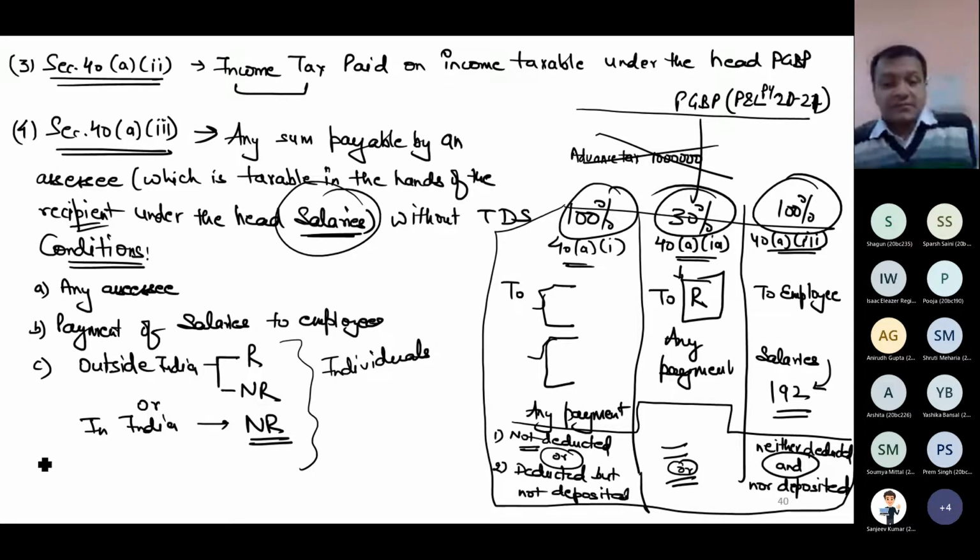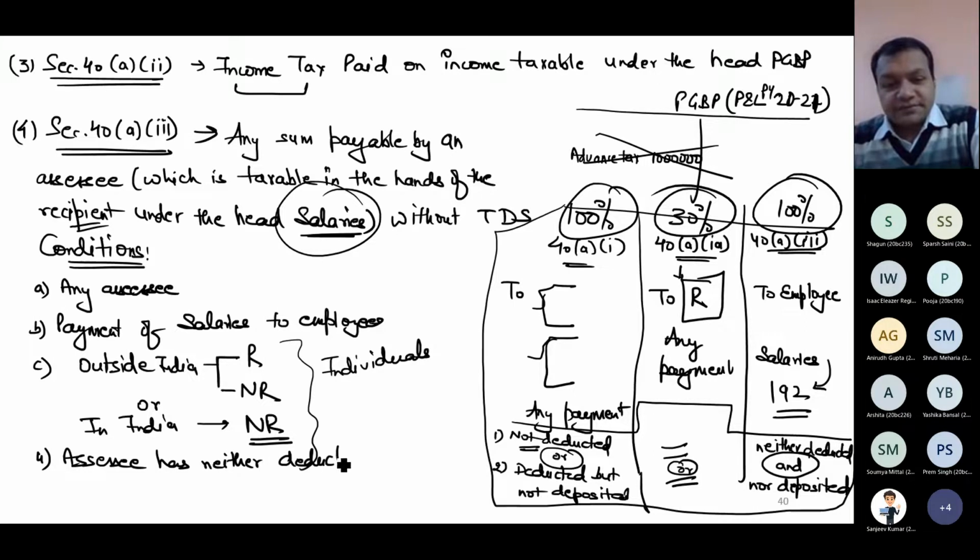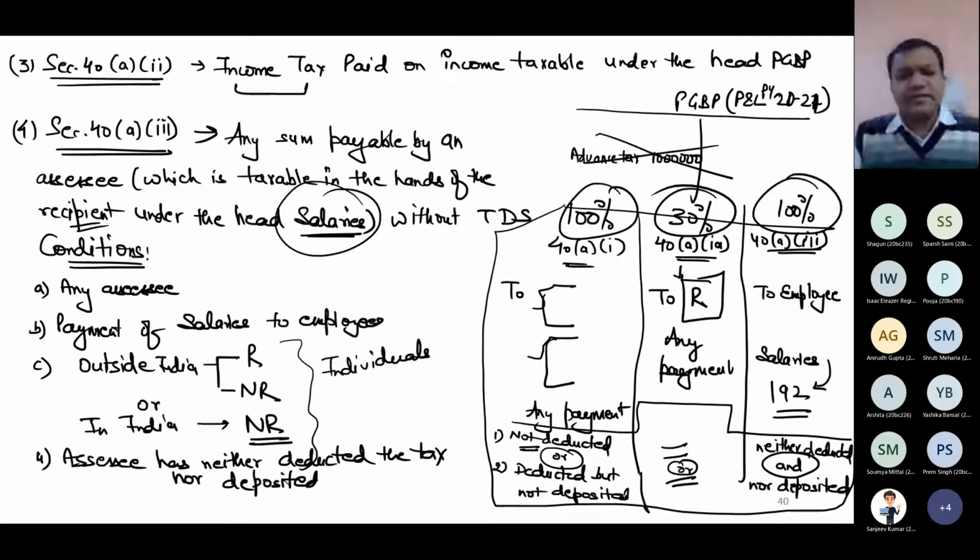And last is the assessee has neither deducted tax nor deposited, both the conditions. If I deducted but not deposited, still the government says you debit the salary, because sooner or later you will deposit the tax.